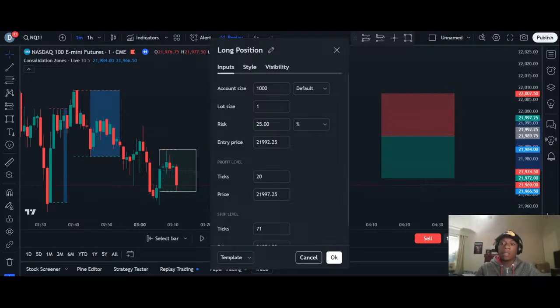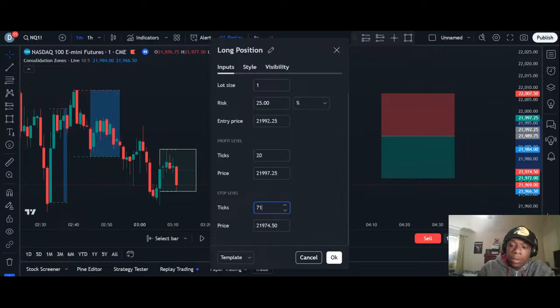Well, not always. My SL for the first trade of the day. So your TP1. For people who are following along and you want the TP1 template, the TP1 template is 20 tick profit. And I'll just go ahead and click it. Your TP1 template is 20 tick profit with a 50 tick SL.